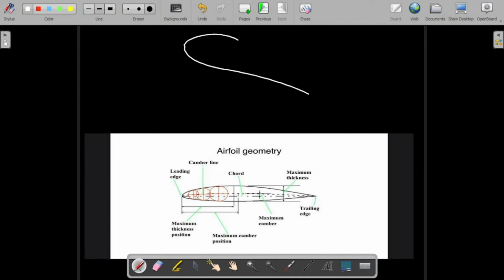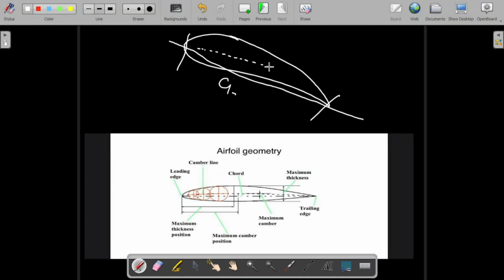I'll take an aerofoil like this. The straight line between the trailing and leading edge is the chord. If I divide the complete aerofoil into two parts, this will be the camber. I'll write it here, the camber.